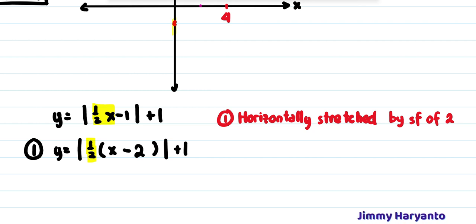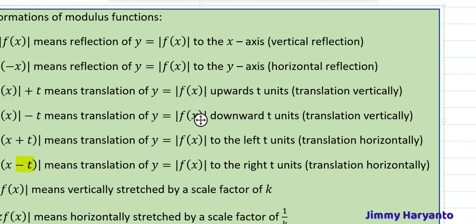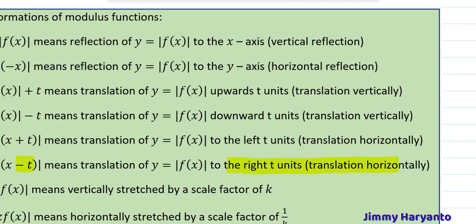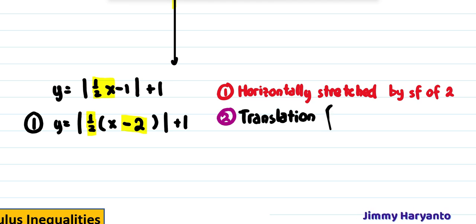And the second one is this number, which is negative 2. Negative 2 is after the x. That means translation 2 units to the right.